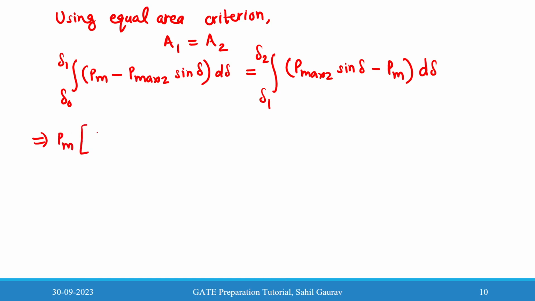So here, delta 1 to delta naught, minus this cos delta.